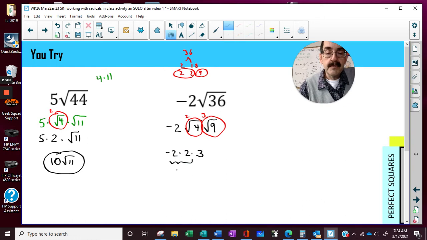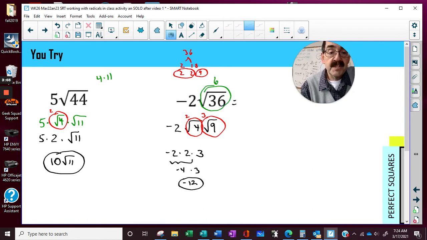Negative 2 times 2 is negative 4, times 3 is negative 12. Lots of different ways to do this problem. Some of you might have recognized right off the bat the square root of 36 is 6. Negative 2 times 6, negative 12. So, the idea is to massage it, find the simplest version.